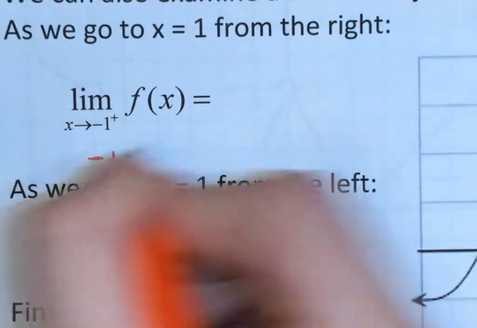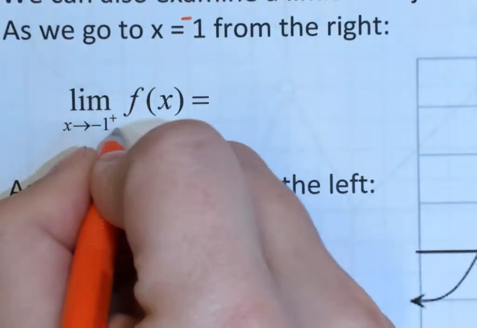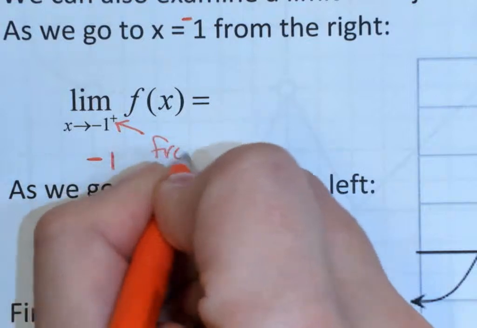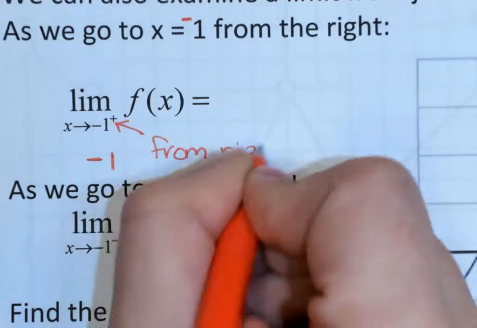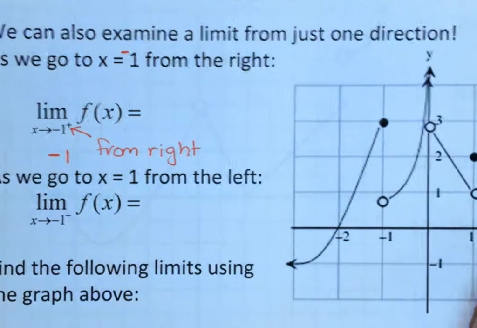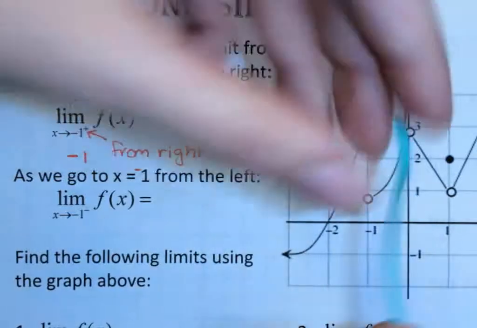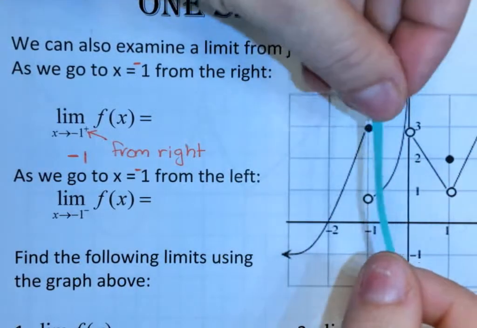This is saying -1, and the + here means from the right, because the positive side is the right-hand side. So I'm going to take a look at just that graph. I'm looking at -1.